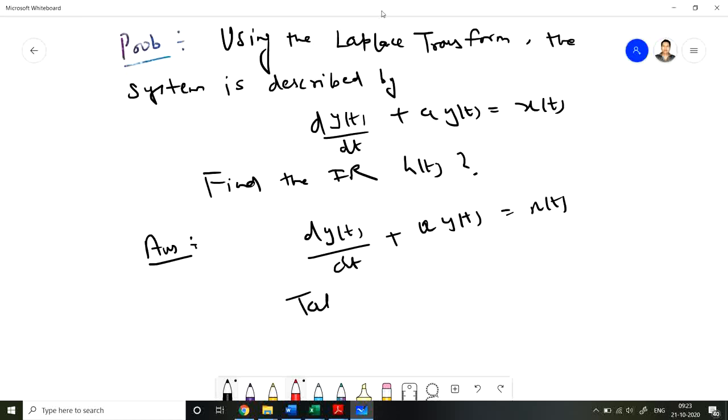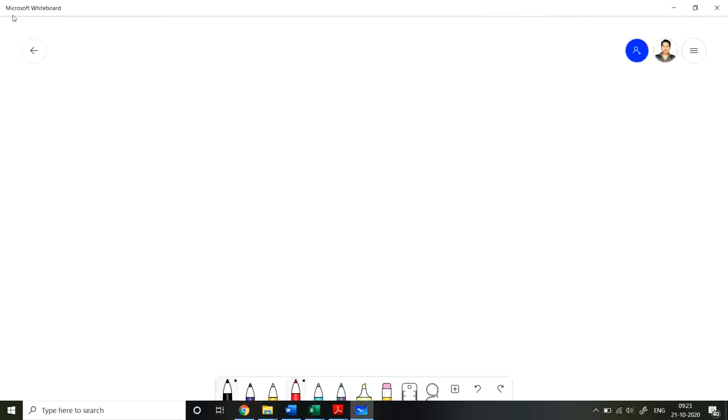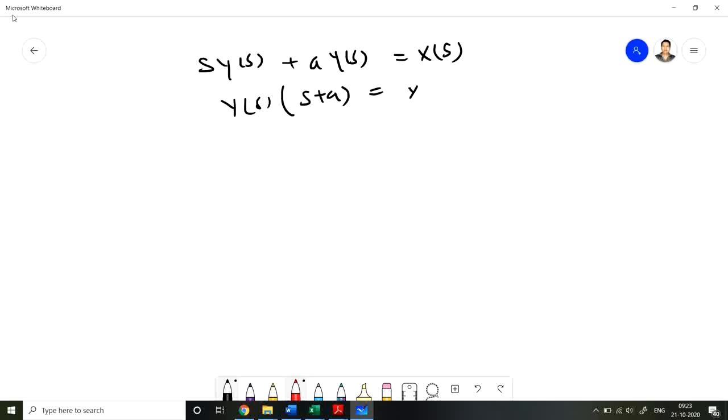Now taking the Laplace transform on both sides, we will get sY(s) plus aY(s) equals X(s). Taking Y(s) common, it is (s plus a) Y(s) equals X(s).